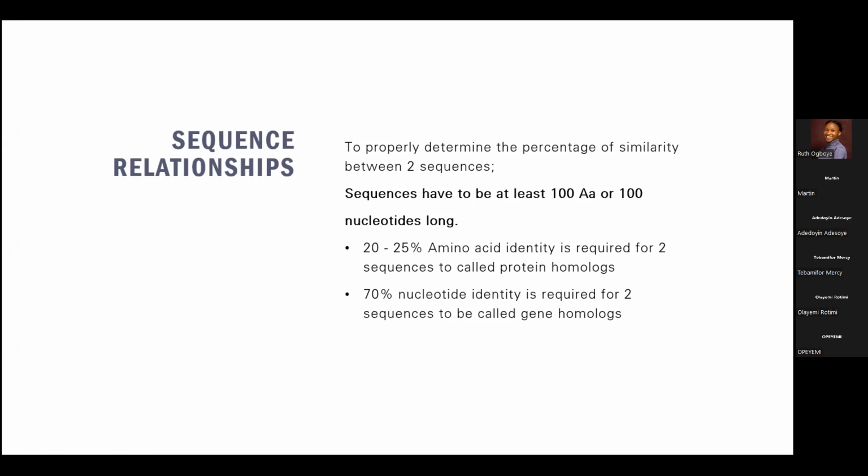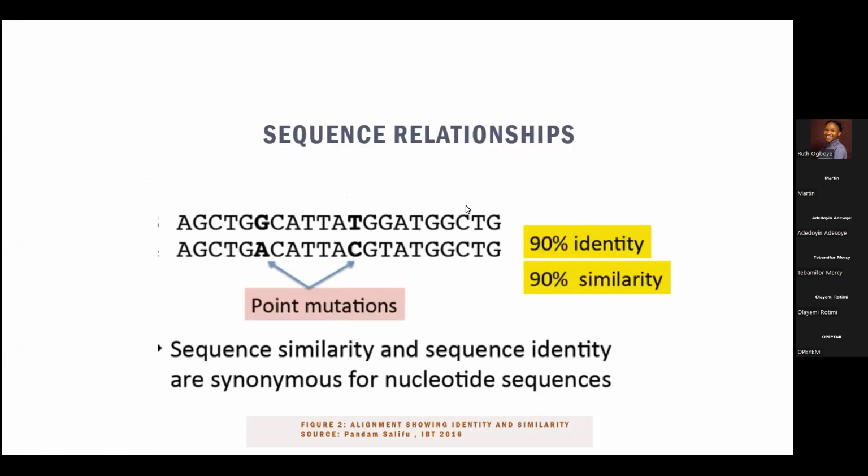Okay. So this is the example I was talking about earlier. This is sequence 1 and sequence 2, right? Across this sequence, if we try to align them, you can see that where adenine is, there's also adenine here.